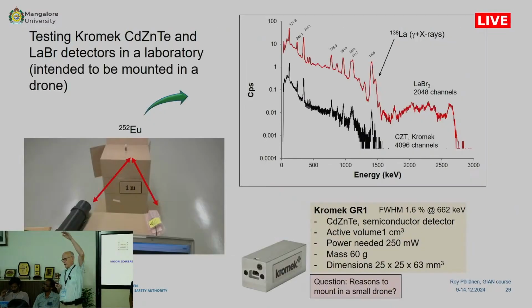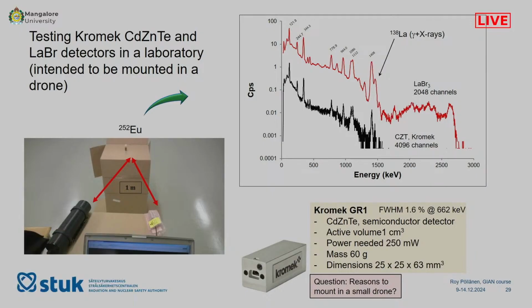They stay quite up, around 100 meters. Then, if the detector is small, you cannot detect practically anything. However, in case of a nuclear accident or incident, when the radiation level is high and there is radioactive material in the air, then it's an advantage to have a small detector because dead time may be quite large in the case of a large detector.